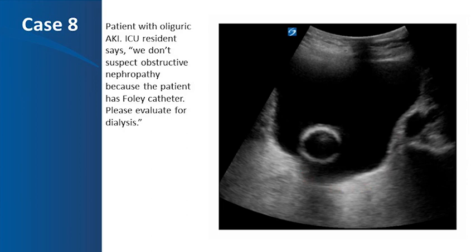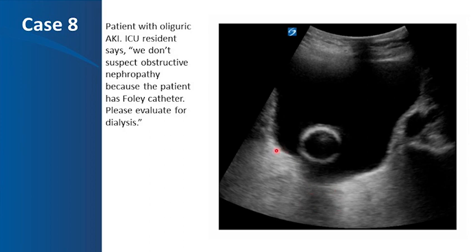So what is the diagnosis? This Foley catheter is not working. It's probably clogged by a clot or something. So you just need to flush the catheter, and probably there is no need to dialyze the patient. And similarly, there can be other circumstances where you see this bulb of the Foley outside the bladder wall.